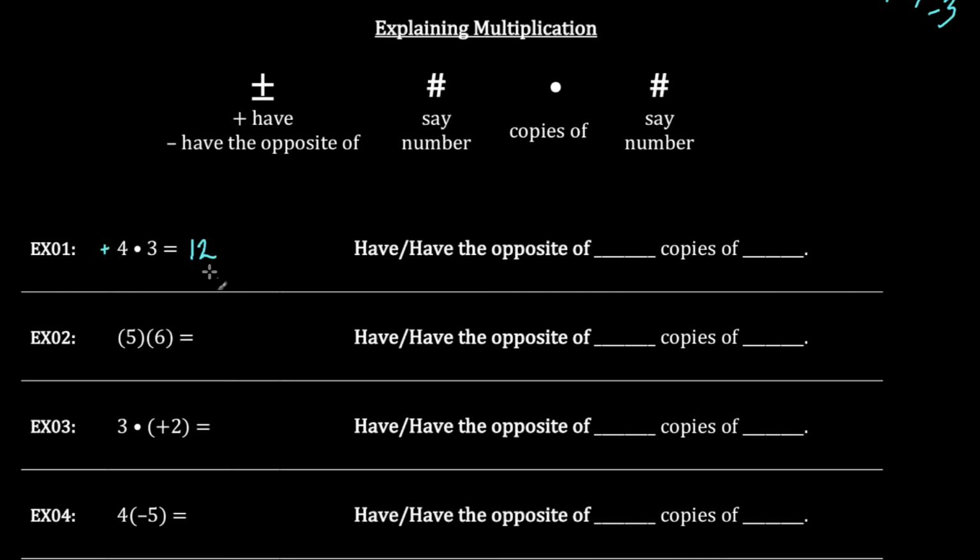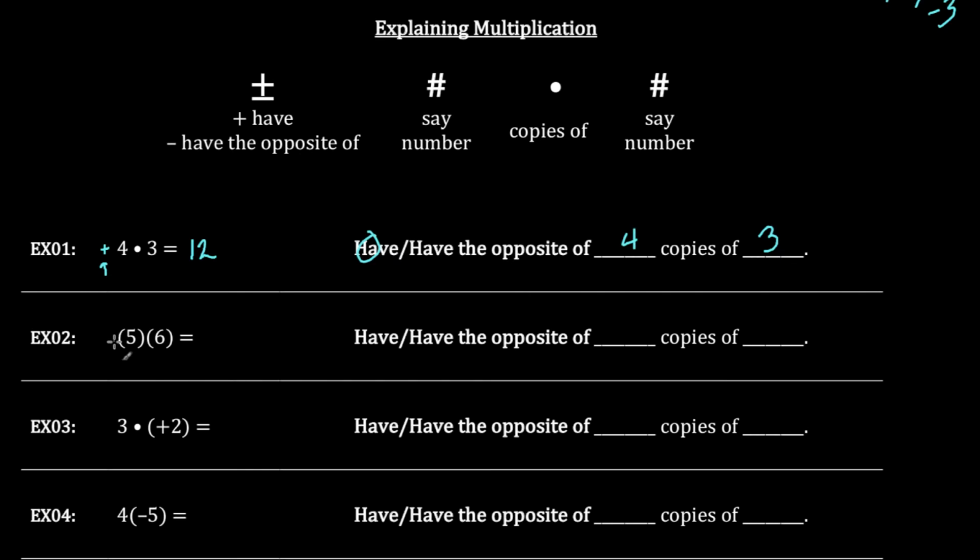So in reality, this means we have 4 copies of 3. We have 4 copies of 3.